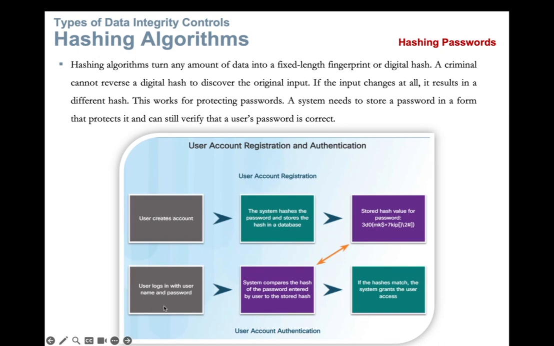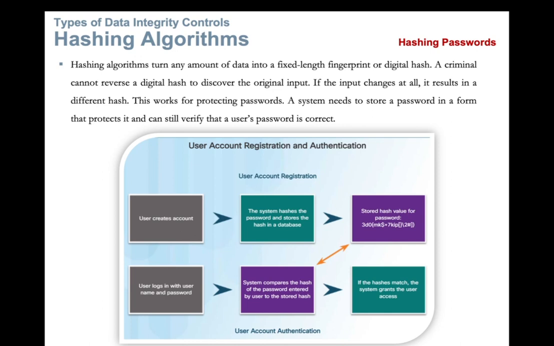For authentication, the system compares the hash of the password entered by the user to the stored hash value. If they match, the system grants the user access. If they don't match, it denies access. So this is hashing the password.